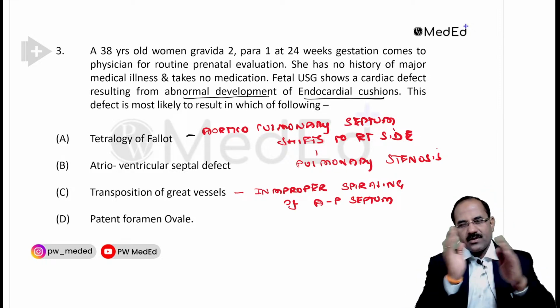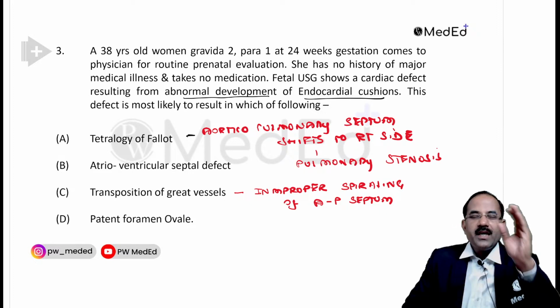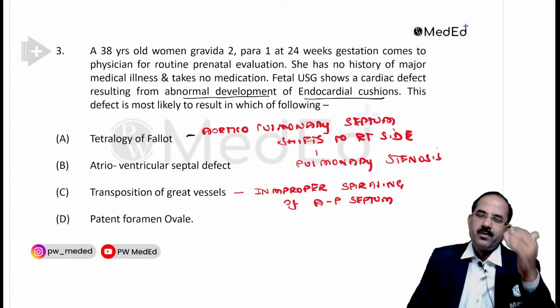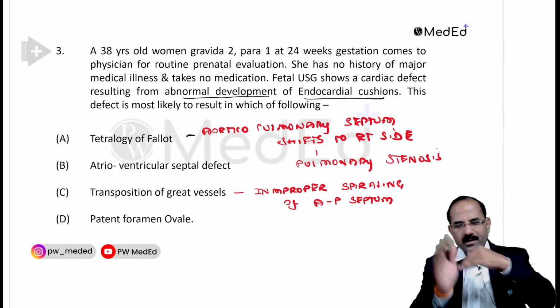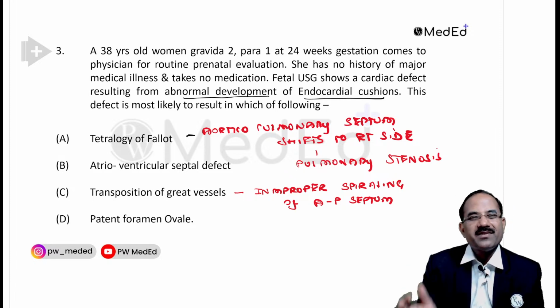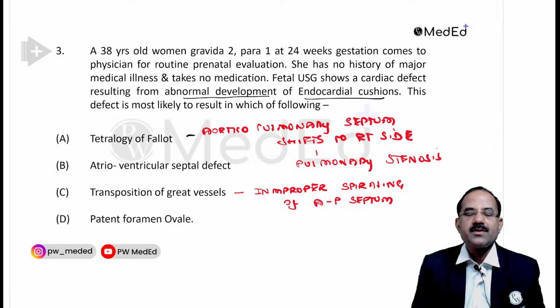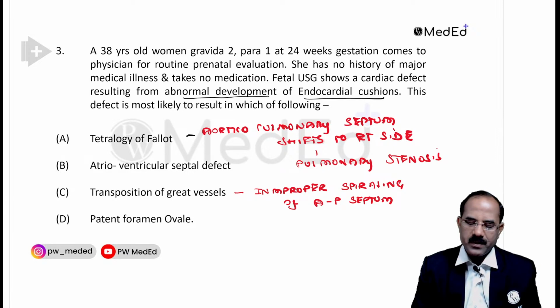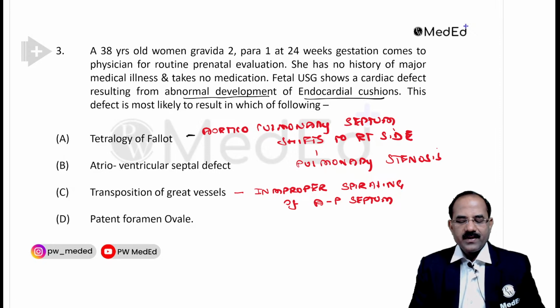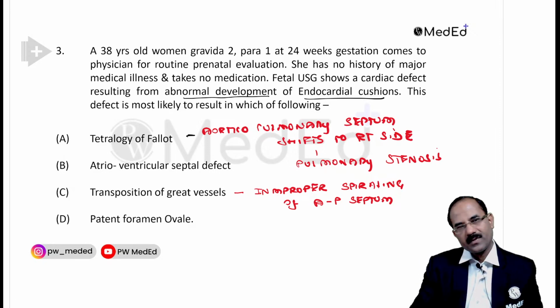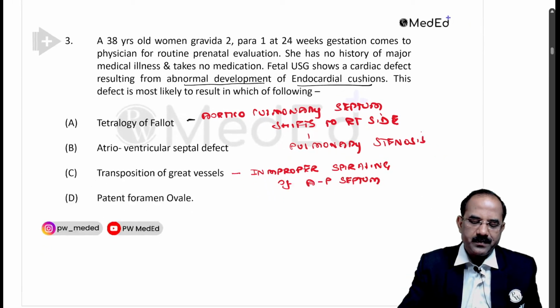Normally the aorta opens into the left ventricle and the pulmonary trunk opens into the right ventricle. अगर ये spiraling नहीं हुआ, then the reverse occurs. The aorta opens into the right and the pulmonary trunk opens into the left ventricle, and this is what we call transposition of great vessels. Right? Is this clear to all of you, students? Fine. That's about the MCQ.